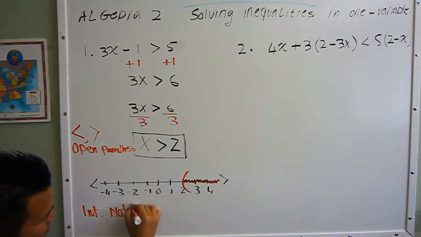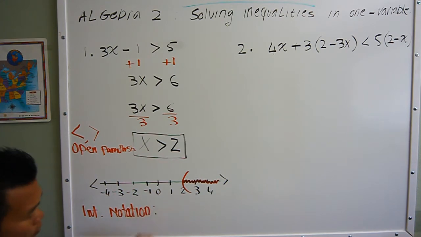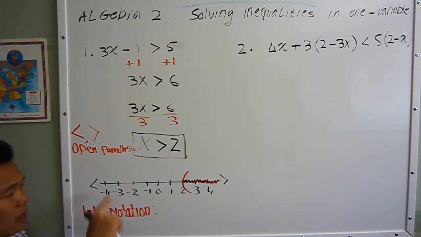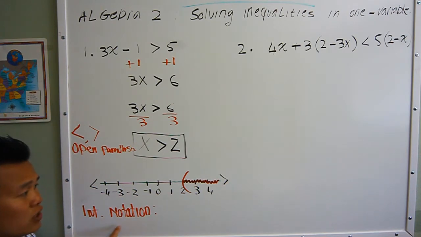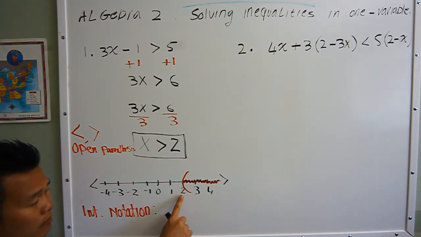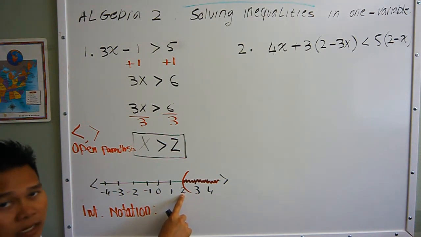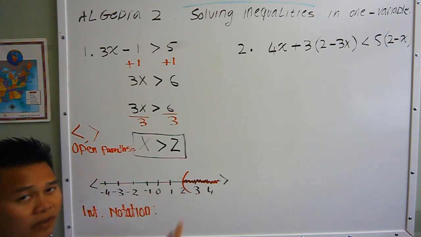Once you have the graphical representation of the solution, interval notation can be drawn from that graph, from where the solution is shaded. If you look carefully, the solution starts after 2. It doesn't include 2, and then it goes all the way to infinity.